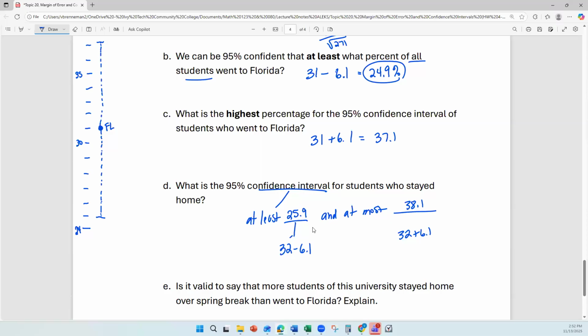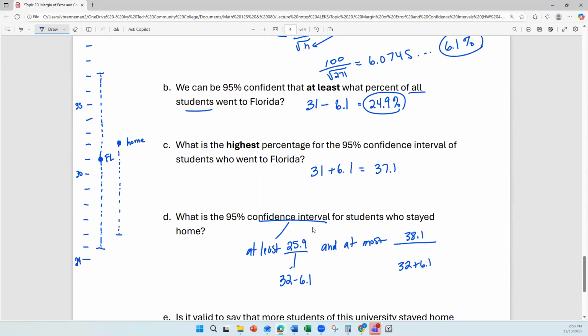So here we would have 32 as the survey result for those that stayed home. But if I was able to talk to everybody, it could be below that. It could be down here, here, here, anywhere, all the way down to 25.9, or it could be above that, anywhere in here, all the way up to 38.1.